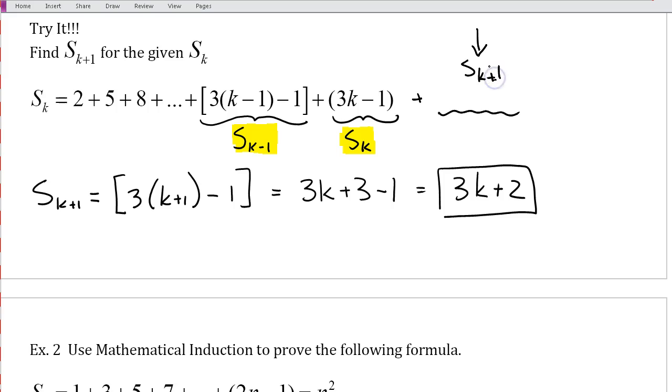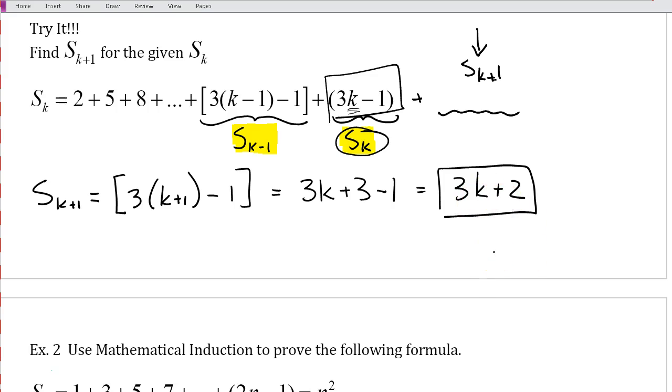So just like in the last example, we want to start with s sub k, which is 3k minus 1, and instead of k, we're going to substitute in k plus 1. Once you do that, it's just some algebra of distributing and combining like terms to get s sub k plus 1 is equal to 3k plus 2.